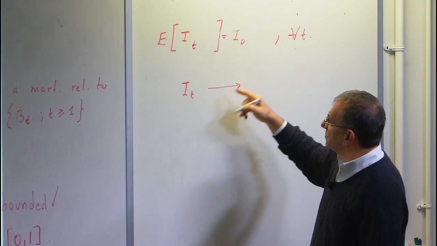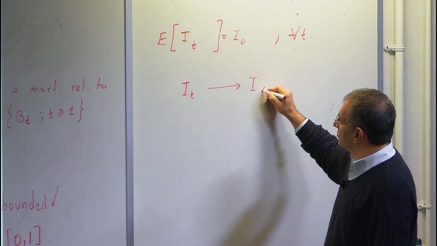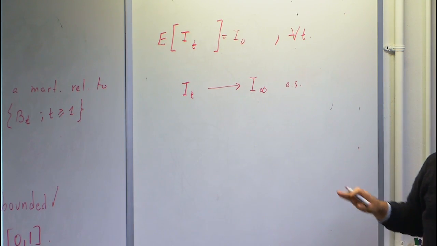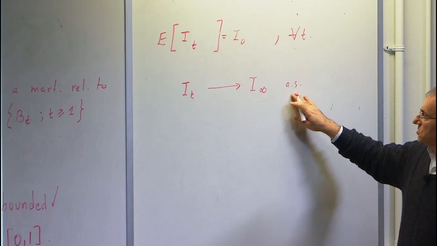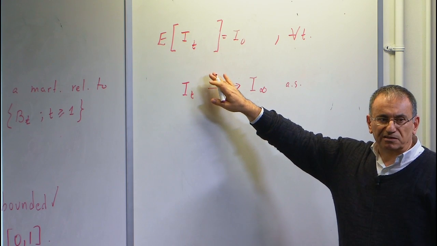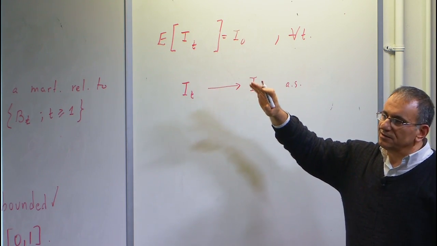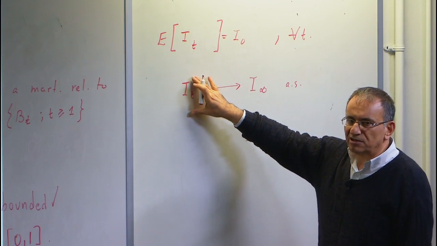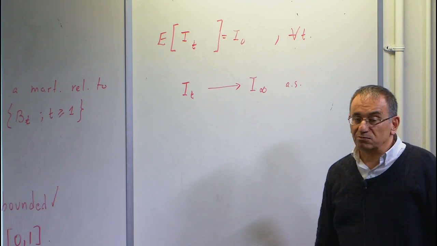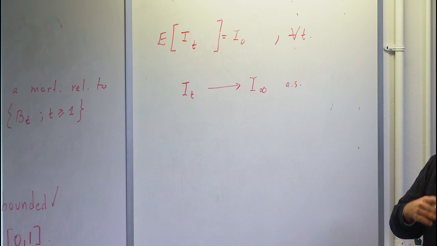I know that this converges almost surely to a limit random variable. This is true whether it's bounded or not, as long as you have a martingale, meaning that the absolute value of I_t is integrable.